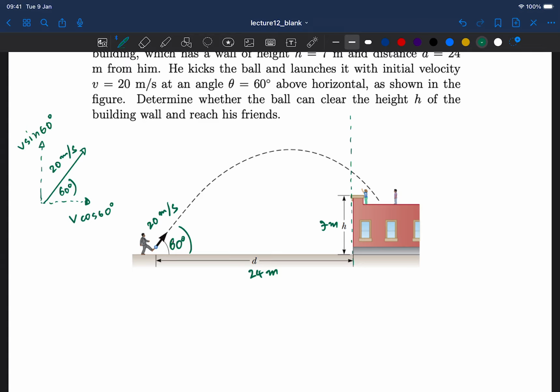So v initial is 20 times cosine 60 for the i component plus 20 times sine of 60 for the j component, and the whole thing is in units of meters per second.